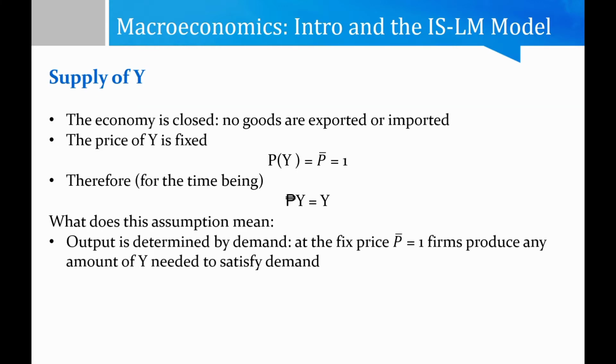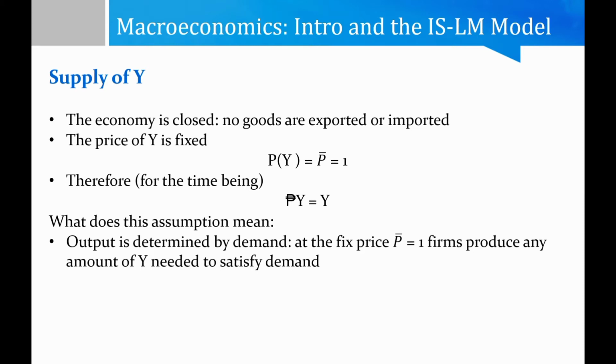In this model, we further assume that the economy is closed, meaning no goods are exported or imported. Another, the price of Y is fixed, or it is equal to 1. So, P times Y, that's the nominal GDP, right?